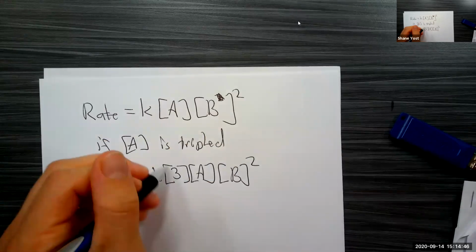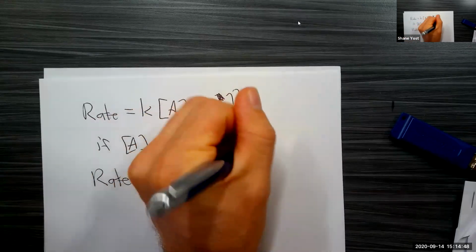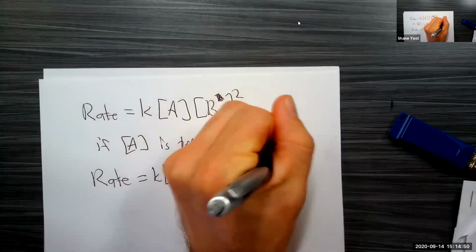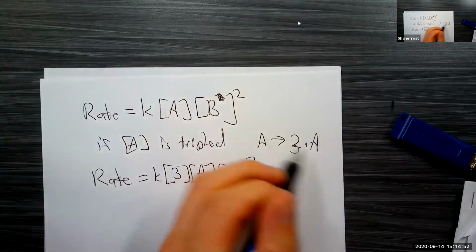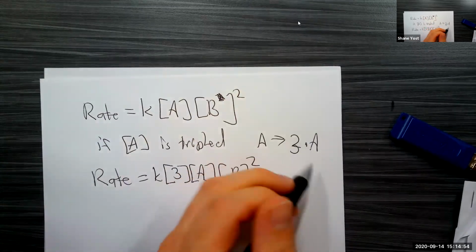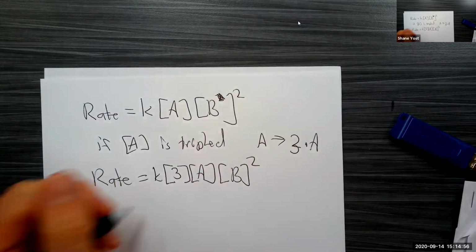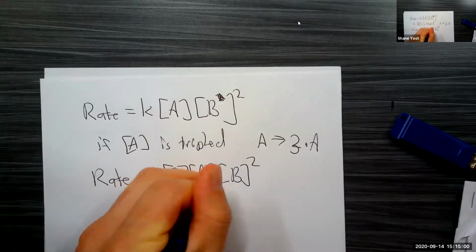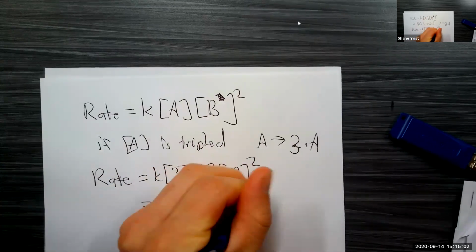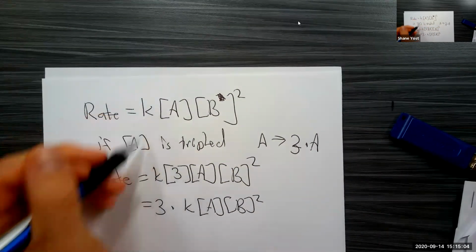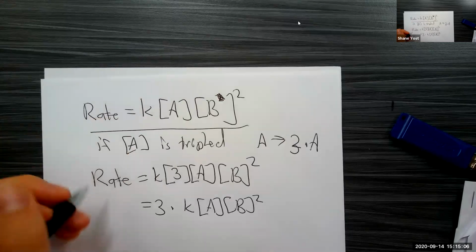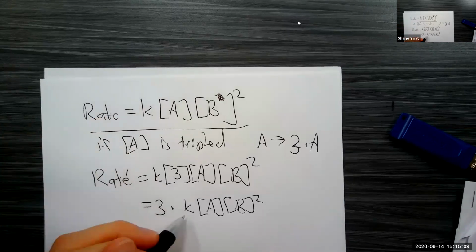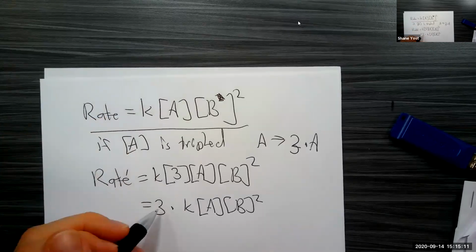My A goes to 3 times A. That's what tripling the concentration means. So my rate is just 3 times k[A][B] squared, and I compare this to the original rate. My new rate is just 3 times the original value.